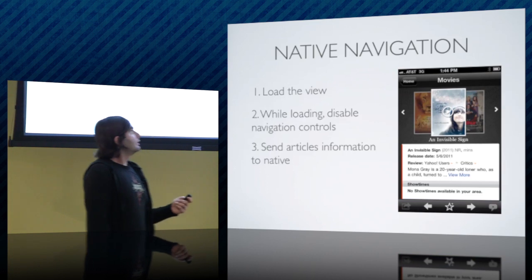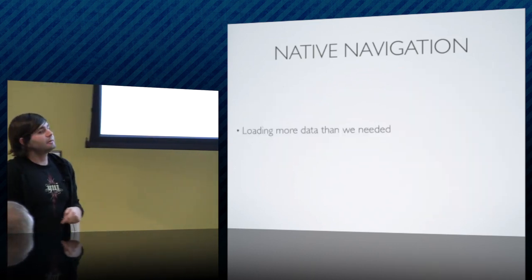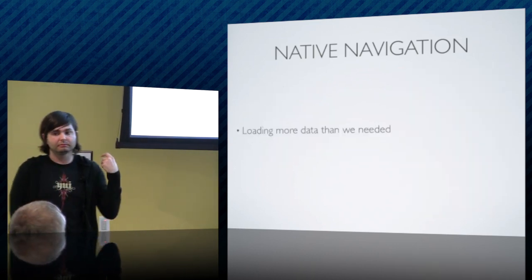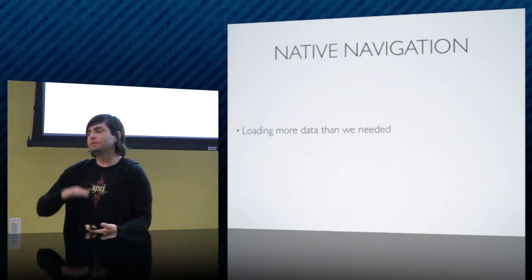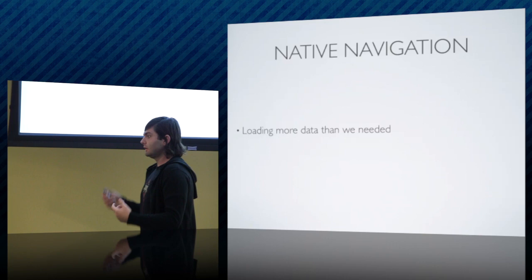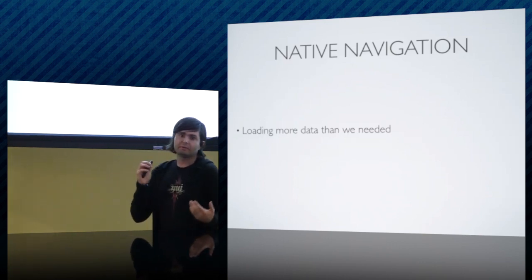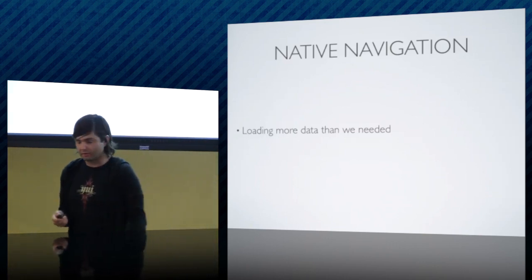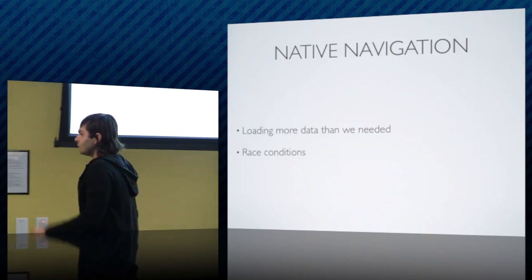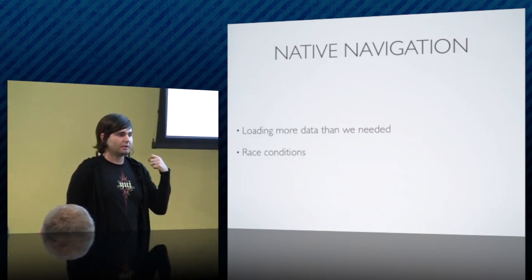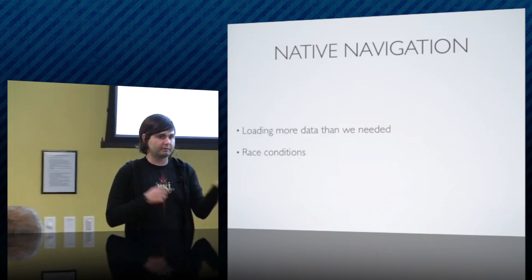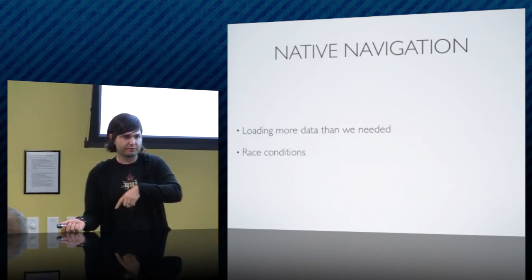So as you can see, there are major drawbacks with this. First, we have more data than we needed. Not only did we need to load the whole view, but now we need to load information from the previous and next document. We also ran into different race conditions, like when the native view needed to tell the web view it was ready, and so on.